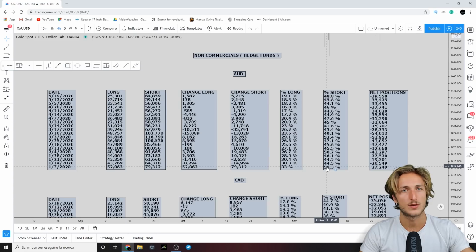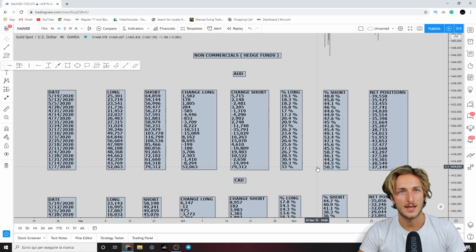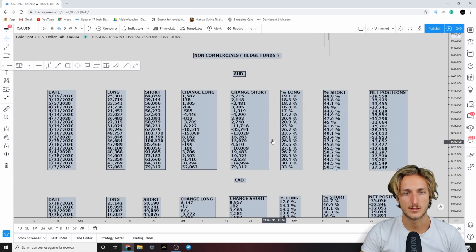So following their orders, which they are forced by regulators to actually show, we can gain an edge in the market. To understand if they are positioned in a certain way, we can understand what the market will probably do and use that in confluence with our technical analysis and rule-based strategies. That is exactly what we do with students.